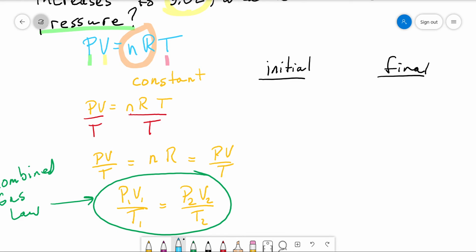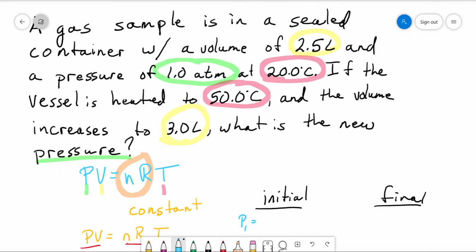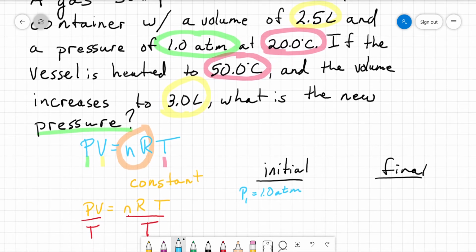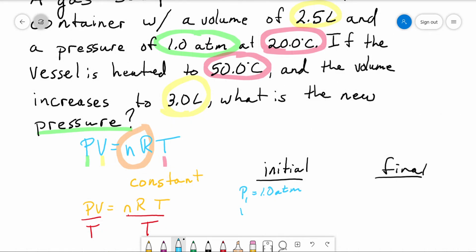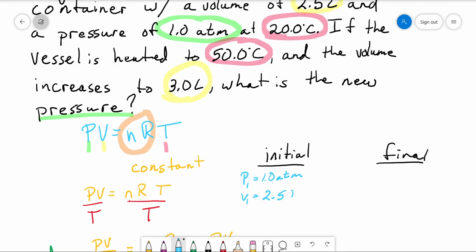So P1 is equal to, let's scroll back up, initial pressure is 1.0 atmospheres. Okay. V1, 2.5 liters. That's supposed to be liters.